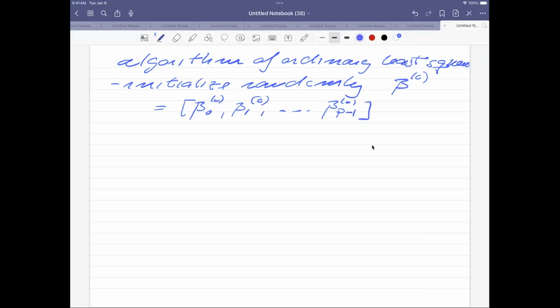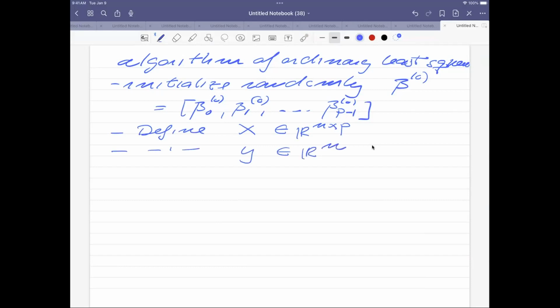And then you would need to define the number of iterations you want to have. You need to set up a matrix X, which is normally a matrix of dimensionality n times p, where n is the number of data points and p is the number of features. You need to define y, which is the vector of outputs, a vector of length n.